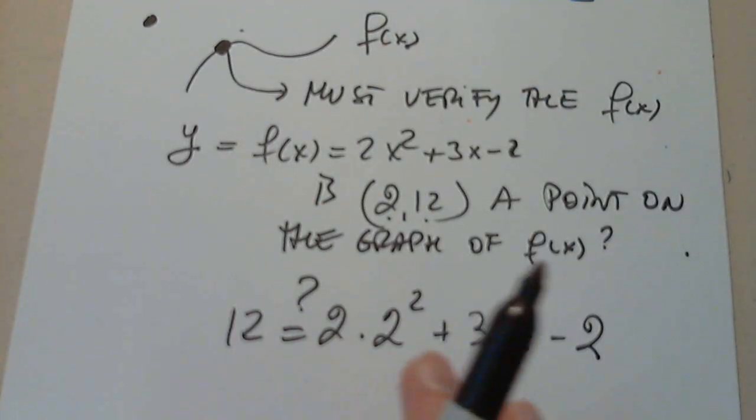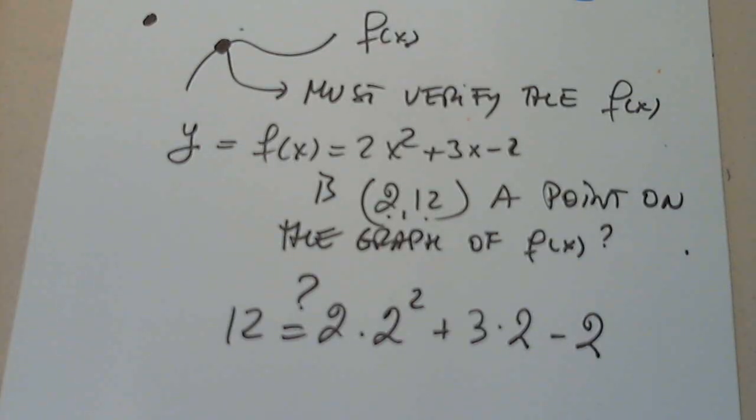If the left-hand side does not equal the right-hand side, then I'll say, sorry, it's not on the graph. Can anyone tell us whether it is or it is not on the graph?